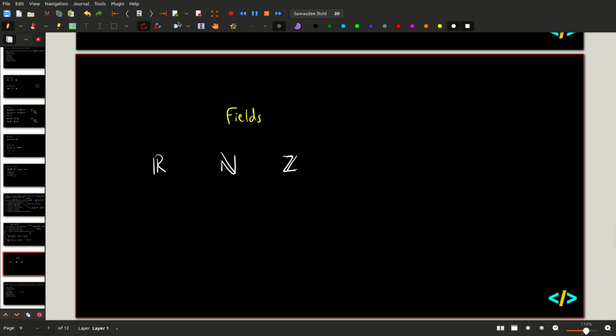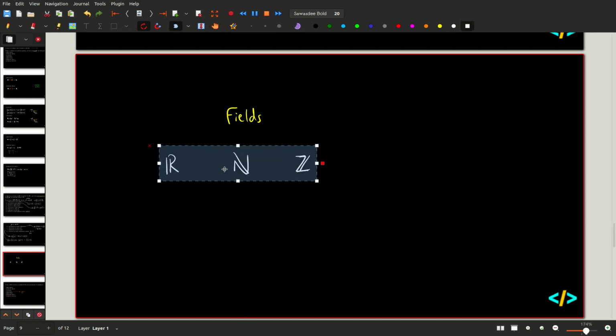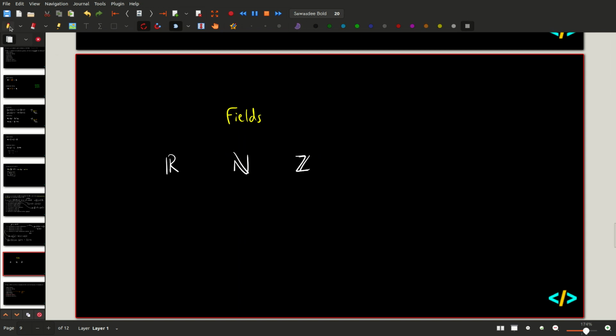Natural numbers: what are we missing with natural numbers? What can't we do there? Yes, we don't have an additive inverse. And we also don't have a multiplicative inverse. So we can't use natural numbers.